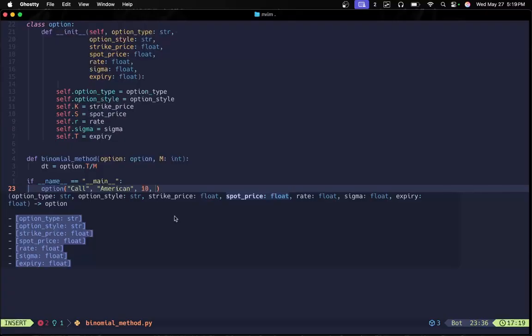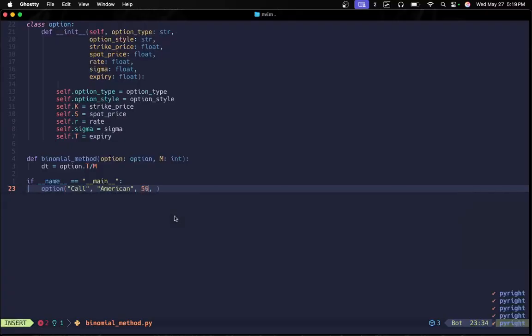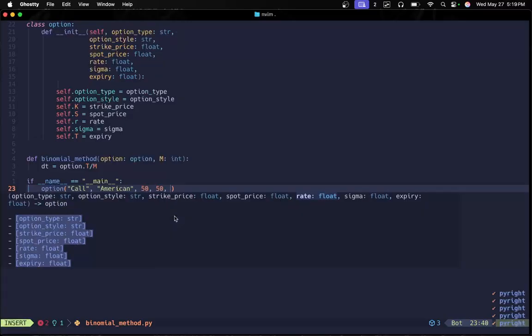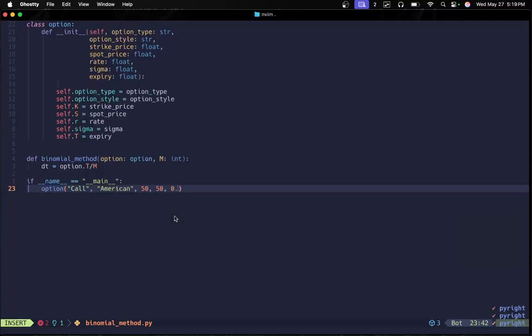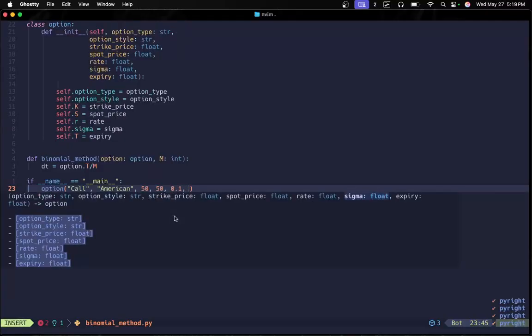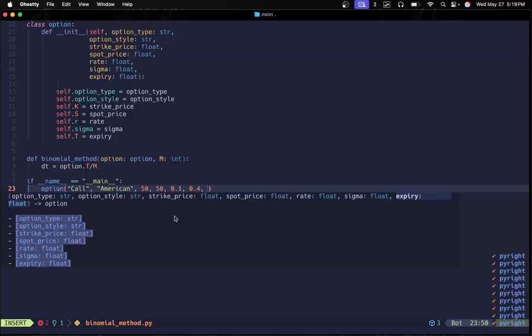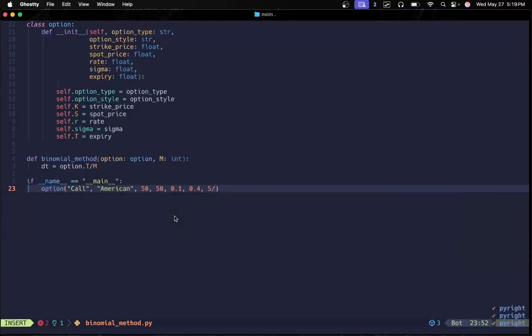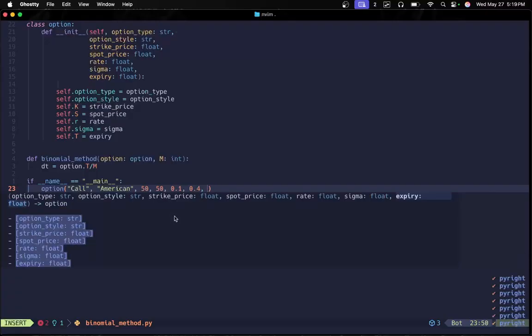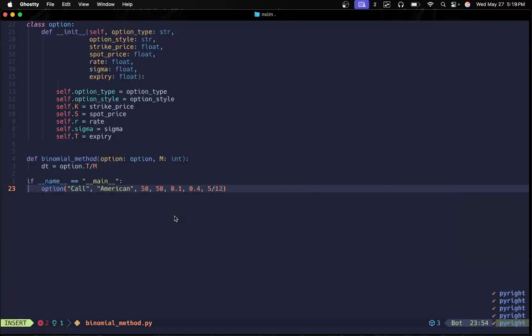So actually, we have strike price 50. Our spot price is also 50. With our rate 0.1, and our volatility being 0.4. Expiry 5 months, right?